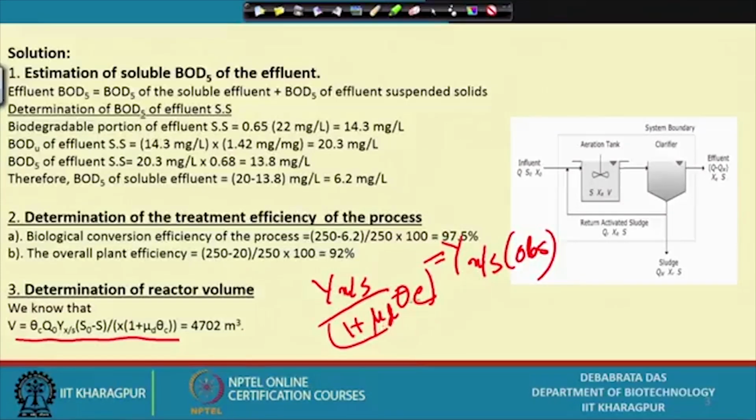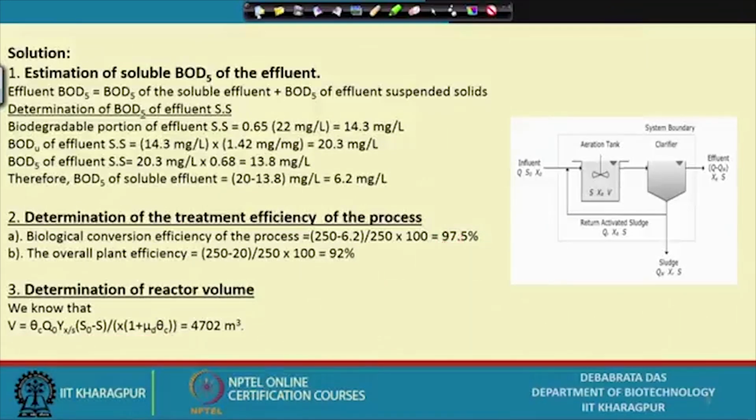Now, this gram of cell mass, when you consider the overall yield coefficient, comprises two types of biomass. One is called viable cell, another we call dead cell. Now, when cells multiply, only the viable cells will multiply, dead cells will not multiply. So, the observed yield coefficient will be something else. For the observed yield coefficient, we shall have to consider the death of the cells, and it will come as Y_obs = Y/(1 + k_d θc), this observed yield coefficient.